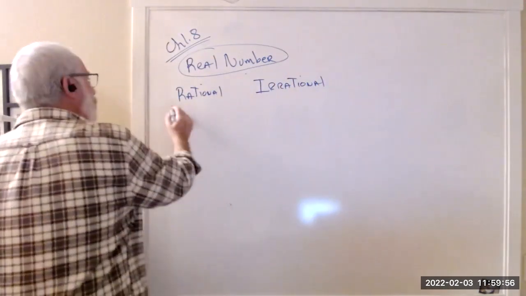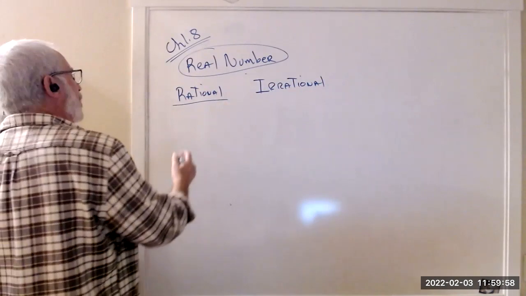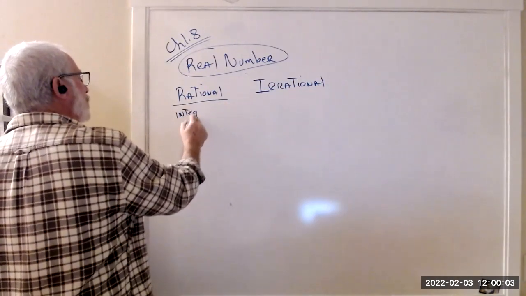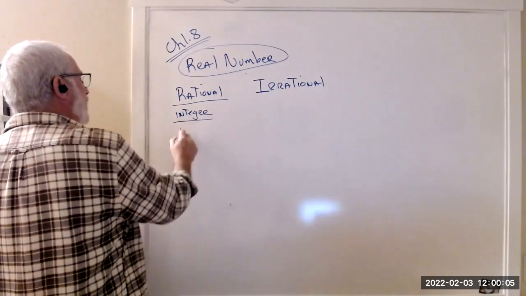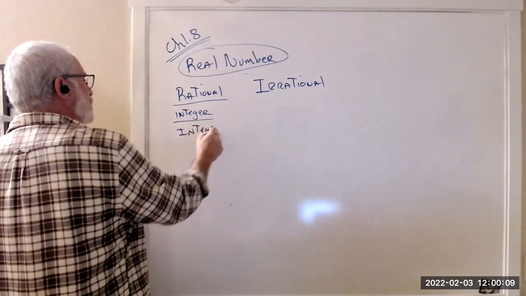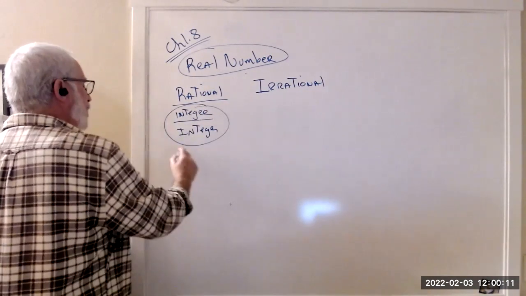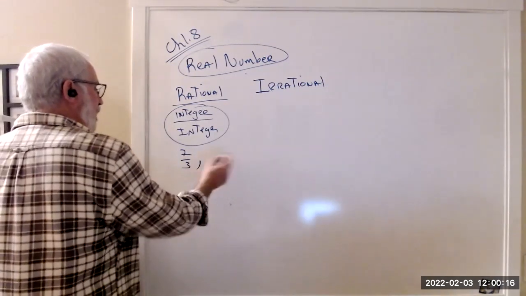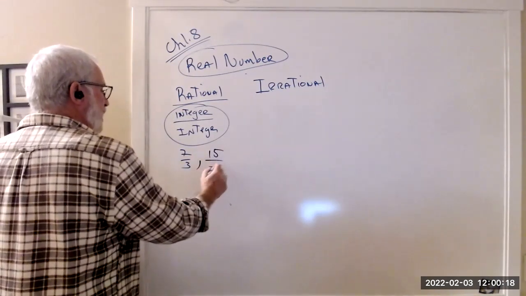Now, rational numbers are any integer divided by an integer. 7 divided by 3. Okay, 15 divided by -9.